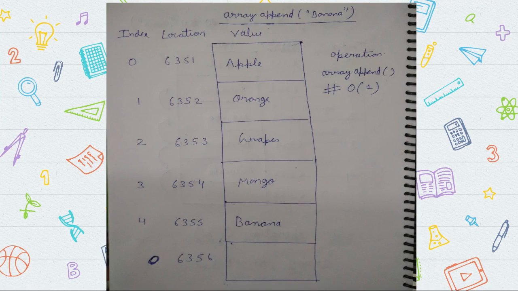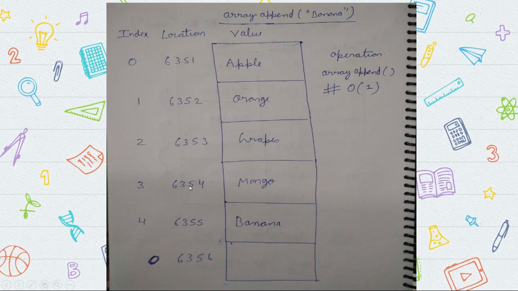Here I am executing the append command by writing array.append banana. You can see that all things are the same: apple was stored in 6351, orange in 6352, grapes in 6353, mango in 6354.